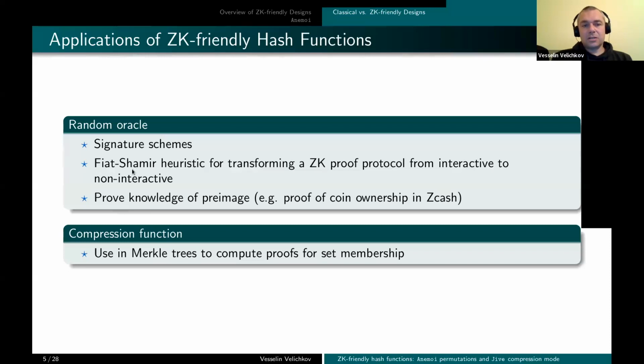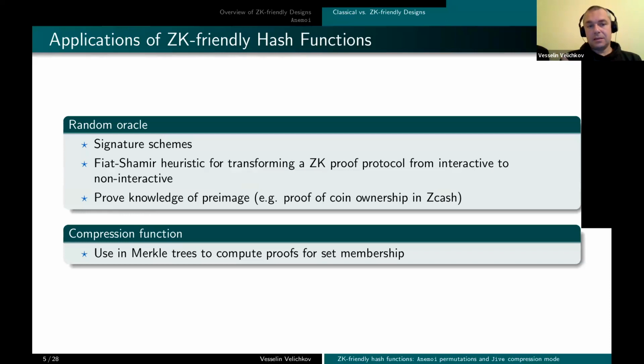Then you have the Fiat-Shamir heuristic, which transforms a zero-knowledge proof protocol from interactive to non-interactive. So from an interactive exchange between two parties into a non-interactive protocol where the two parties just exchange a single message, maybe the proof.